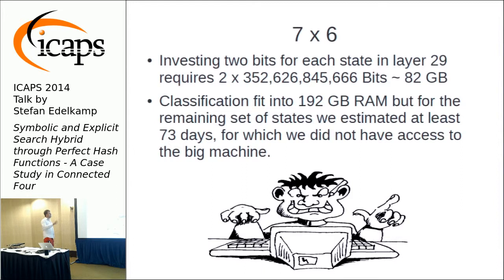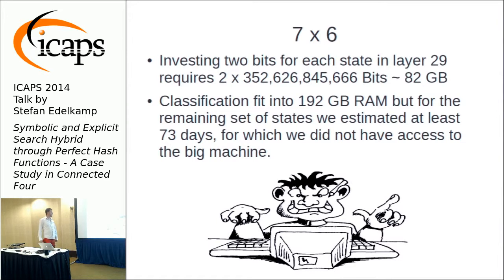We estimate how much it would take, so probably a 2-bit state, like one loss or draw, would take 80 gigabytes, so it may be sufficient if we need 2 layers, and we probably fit this and the BDD into this 192 gigabyte machine. So we were quite okay, but then we estimated the running time to be like months.